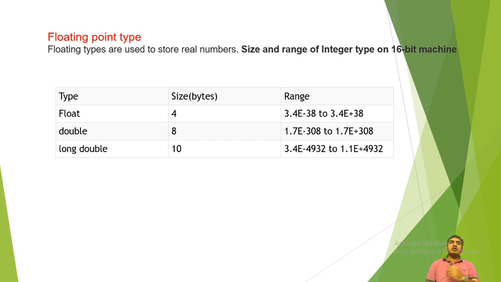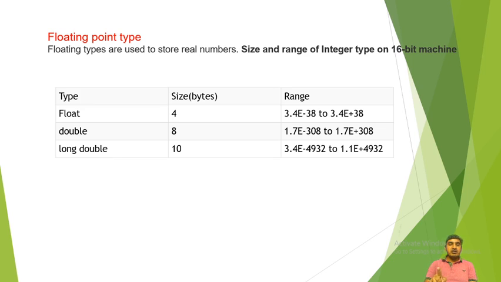Now long double. The size of a long double is about 10 bytes. The range is 3.4 e raised to minus 4932 to 1.1 e raised to 4932, or 3.4 into 10 raised to minus 4932 to 3.4 into 10 raised to plus 4932.